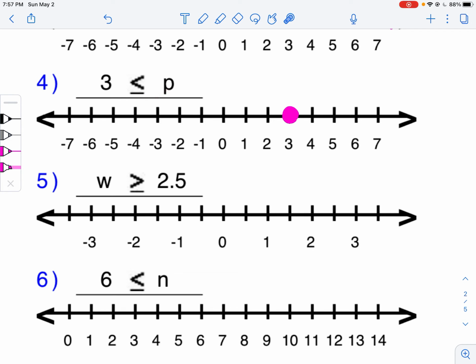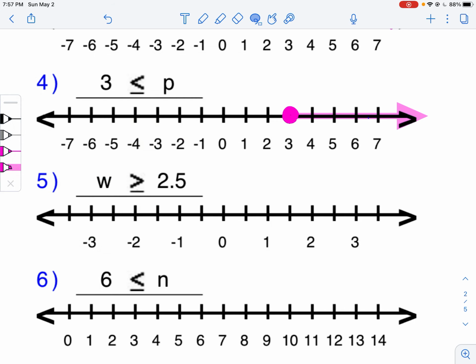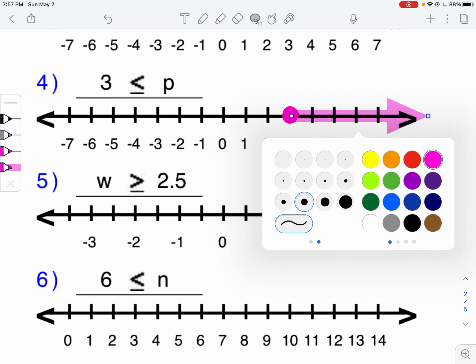Well, is 3 less than or equal to 0? No. Is 3 less than or equal to 5? Yes. So we want to go towards 5. Beautiful. Great, right? I should make this a little thicker. Did you know you can do that? You can just be like, yoink, yoink, yoink. Isn't that so cool?